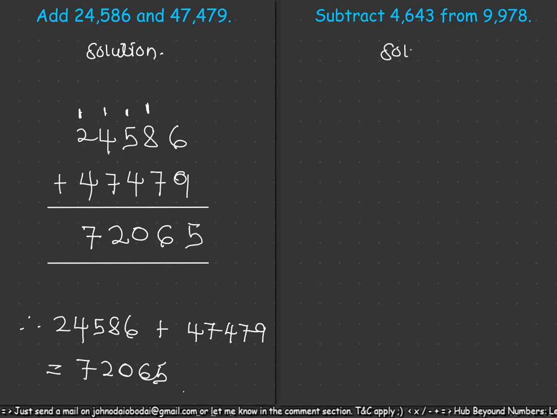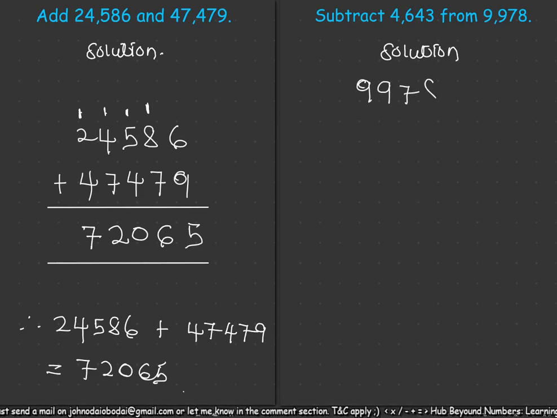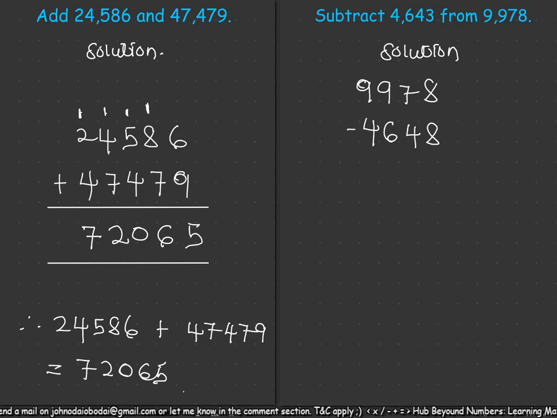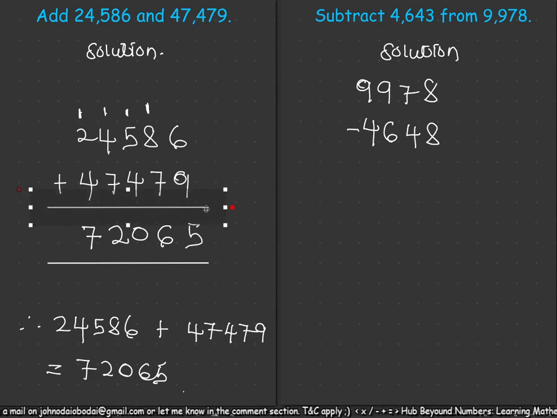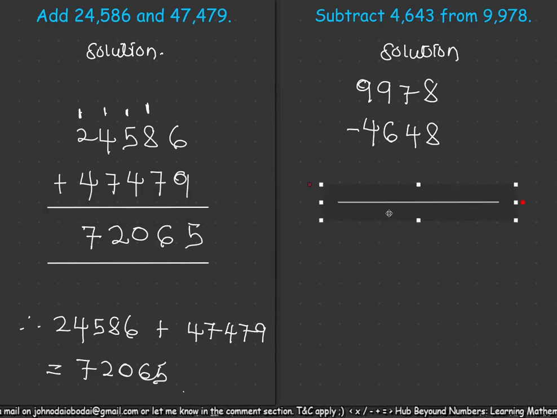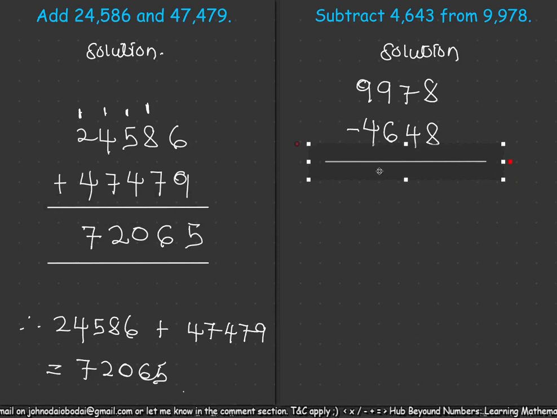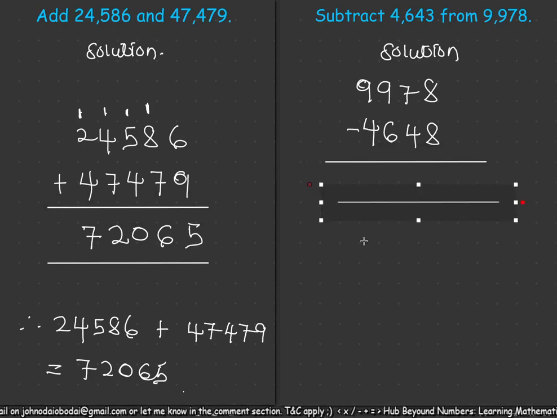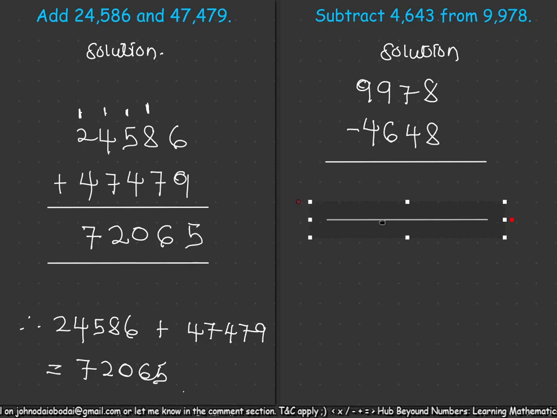So our solution, we have 9,978, then minus 4,648. Now, you'd have to take note of one thing, especially when we are borrowing. So if we get there, you'd see how that plays out. But before that, let's quickly solve this one.